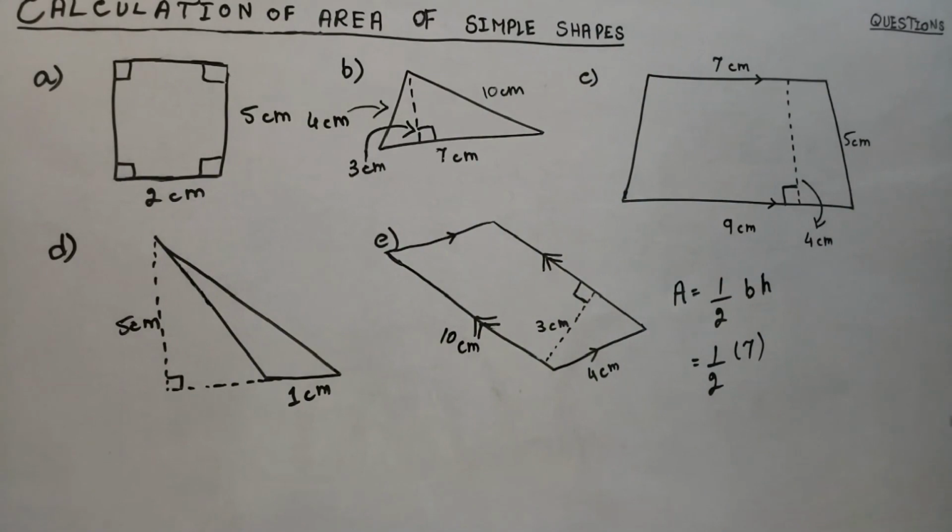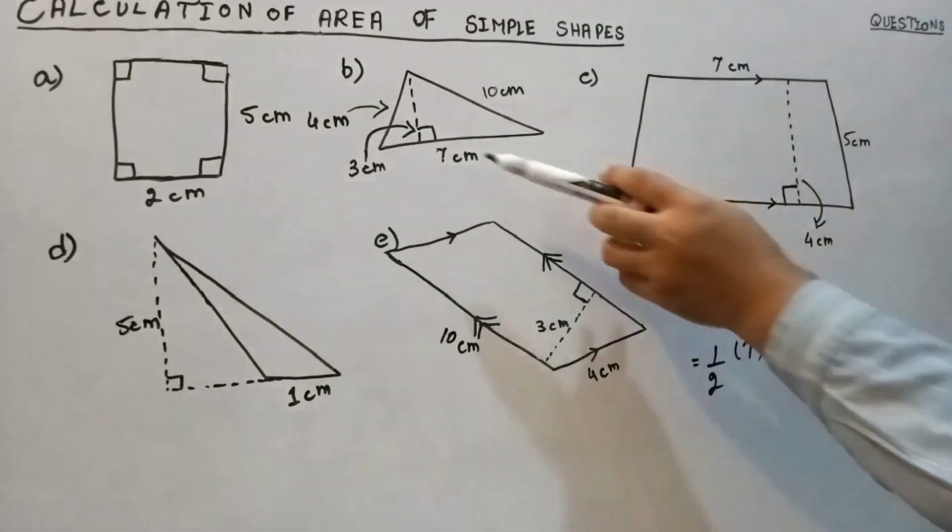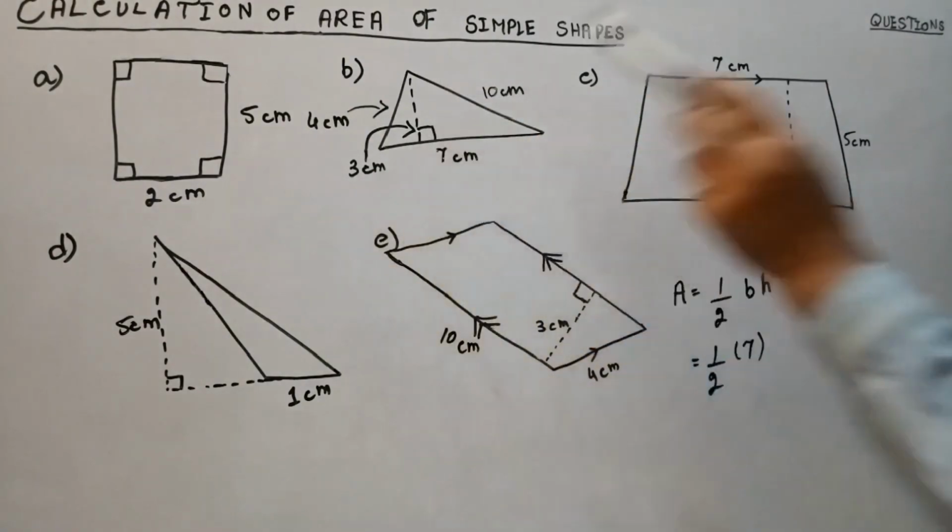Otherwise, if the angle is not 90, it's not our height. So we have to check which is our height. So actually the height is this one, 3 centimeters.